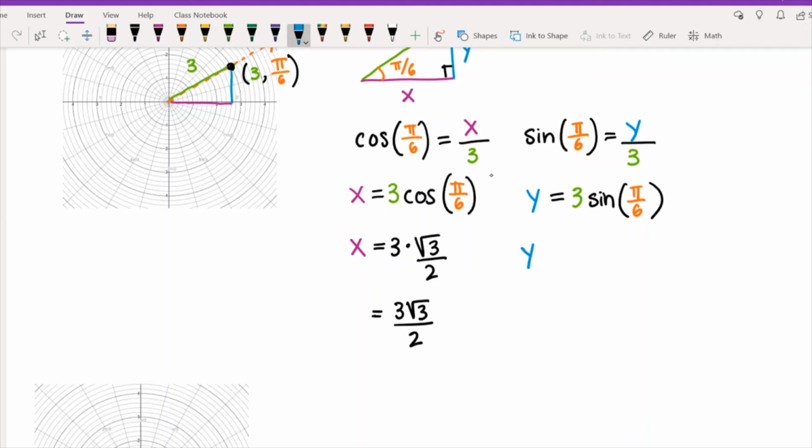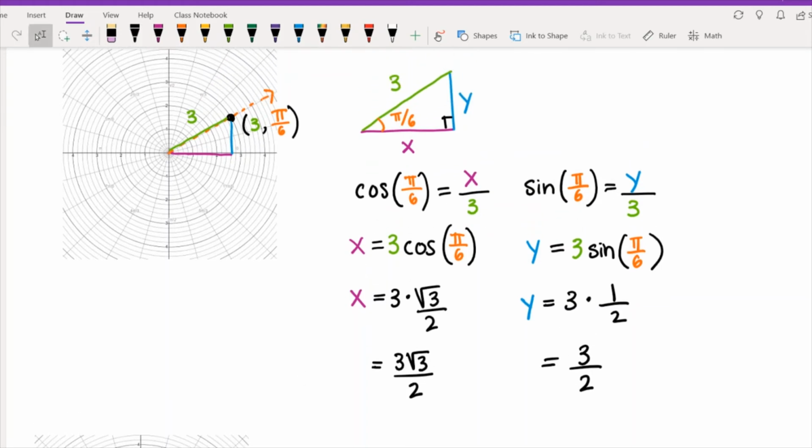Well, that is 1/2. So we can say that y is equal to 3 times 1/2, which is 3/2. And so we just figured out that the coordinates of this point, if we put it in rectangular coordinates, would be 3 root 3 over 2 and 3 over 2.